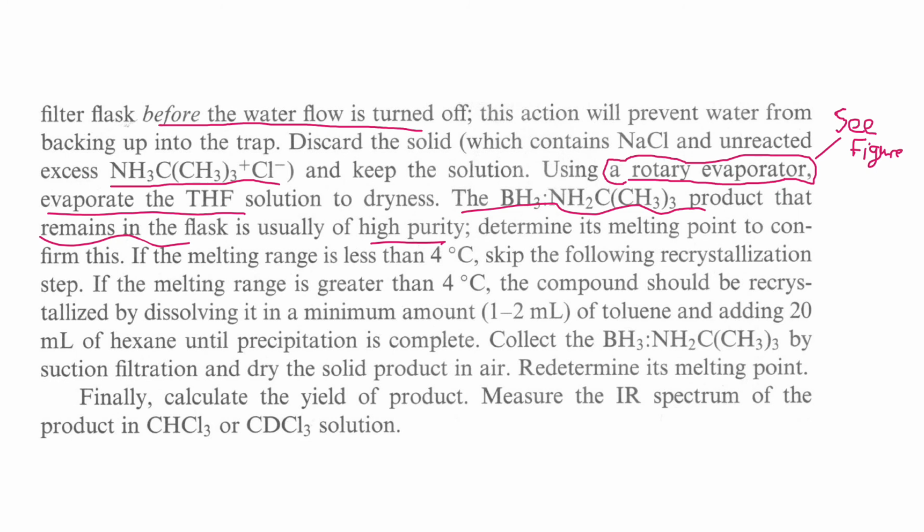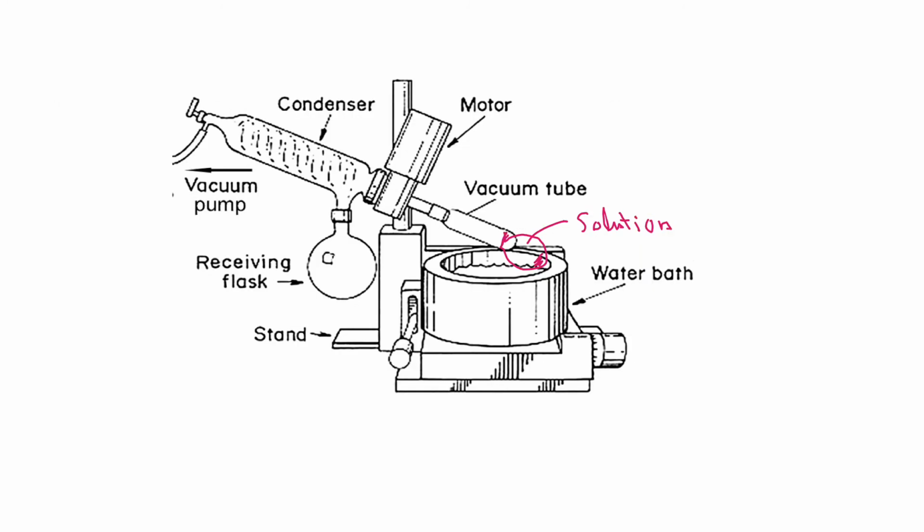If you're not familiar with the rotary evaporator, it's a flask rotating with a vacuum pump. You put your solution on it, and it keeps rotating electrically, and the vacuum takes the pressure from inside, and the THF evaporates and goes into the receiving flask, and it rotates to stop the bubbling of the solution.